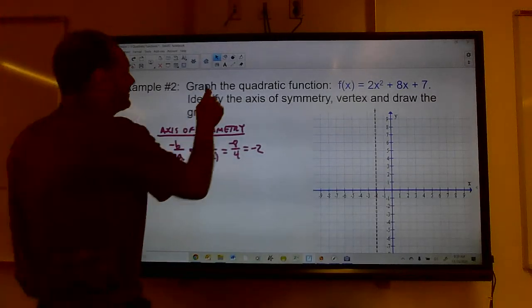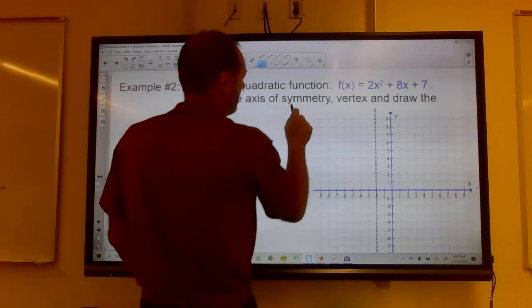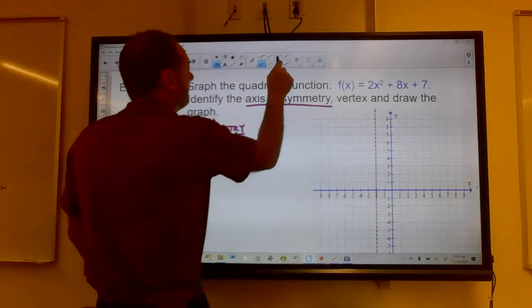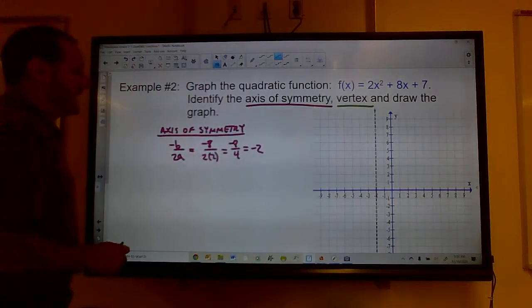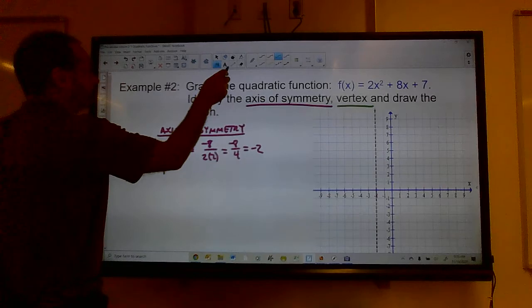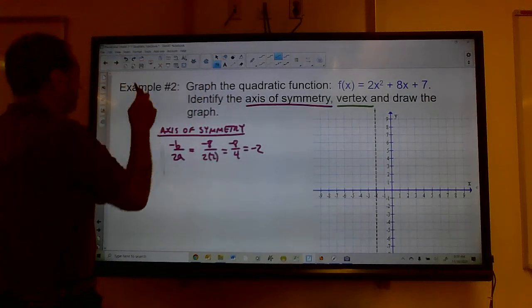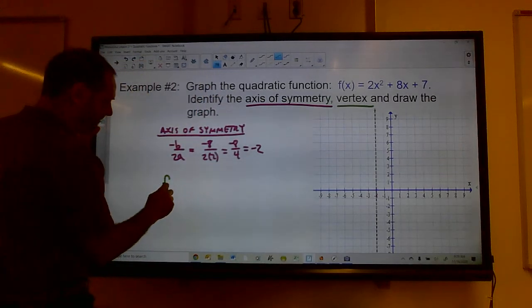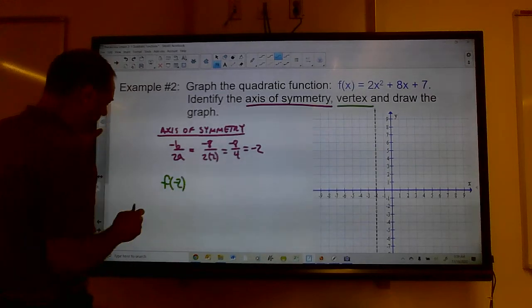Now, next, I'm going to find the vertex. All right, vertex. So I'm going to take the axis of symmetry, plug it into the equation. So I'm going to find f of negative 2.